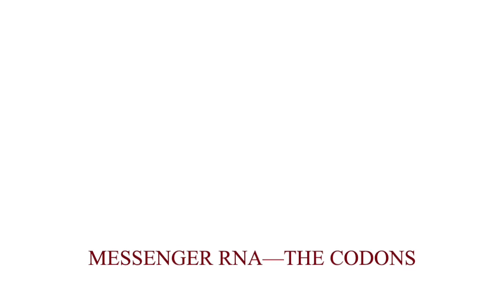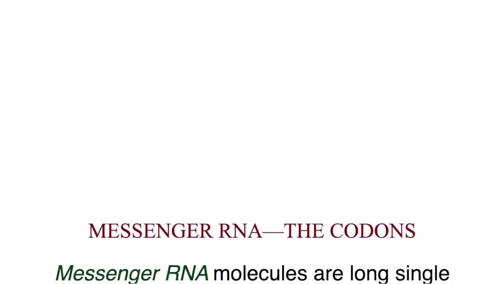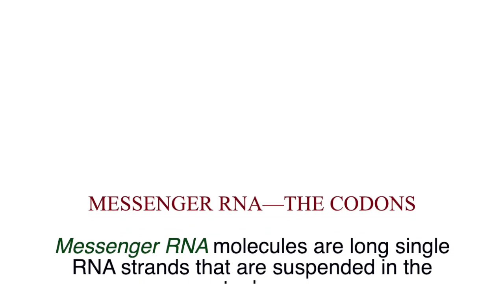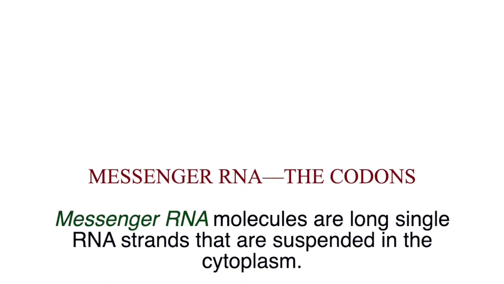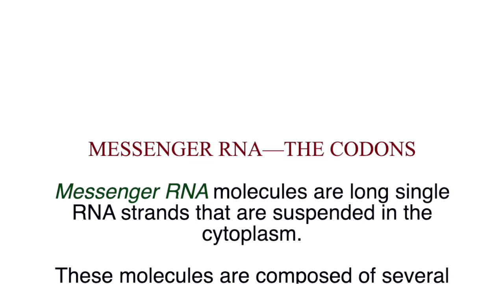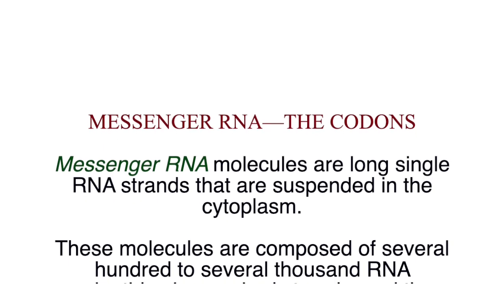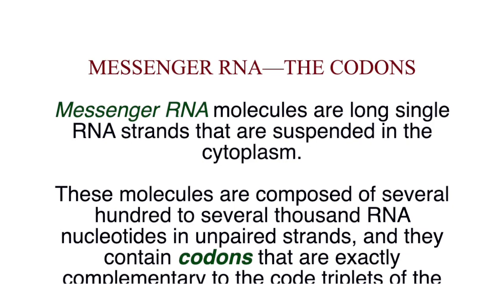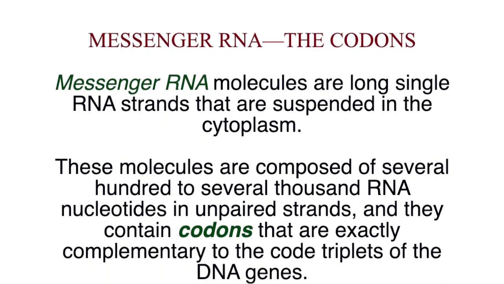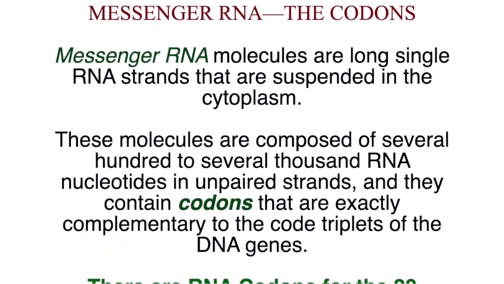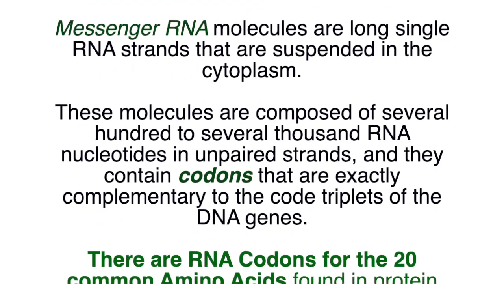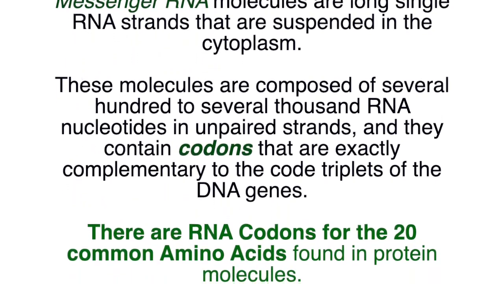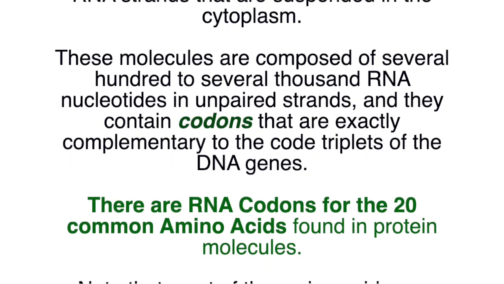Messenger RNA, the codons. Messenger RNA molecules are long single RNA strands that are suspended in the cytoplasm. These molecules are composed of several hundred to several thousand RNA nucleotides in unpaired strands, and they contain codons that are exactly complementary to the code triplets of the DNA genes.